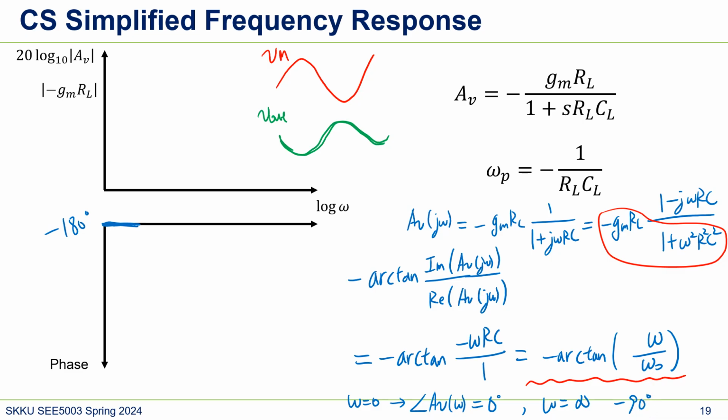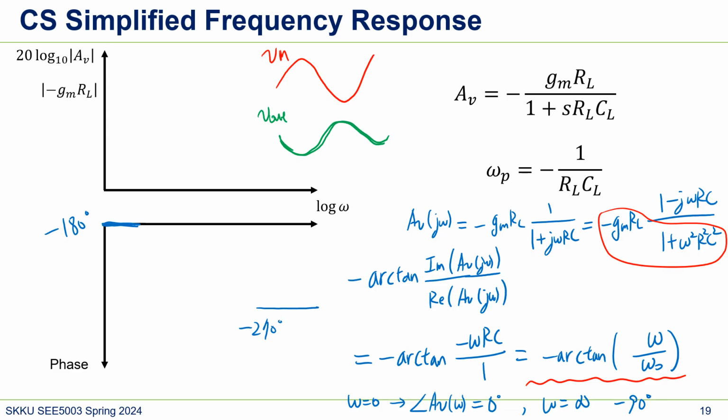So at a very large frequency, the phase goes to minus 90, which is minus 270.